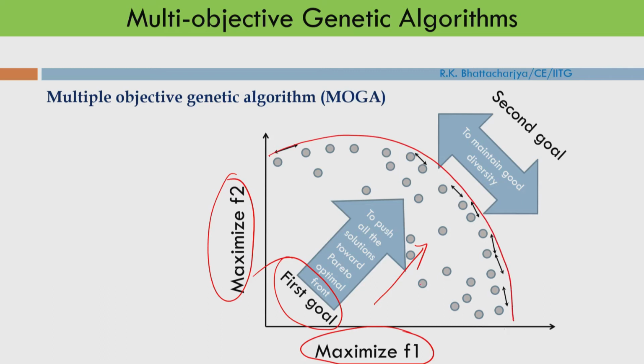So, you want to push your population towards the Pareto optimal front. The second objective is that I would like to maintain a good spread between the solutions. I do not want all solutions crowded either at the extreme points or at some other location. I basically want a good spread between the solutions. So, these are the two objectives of this multi-objective genetic algorithm.